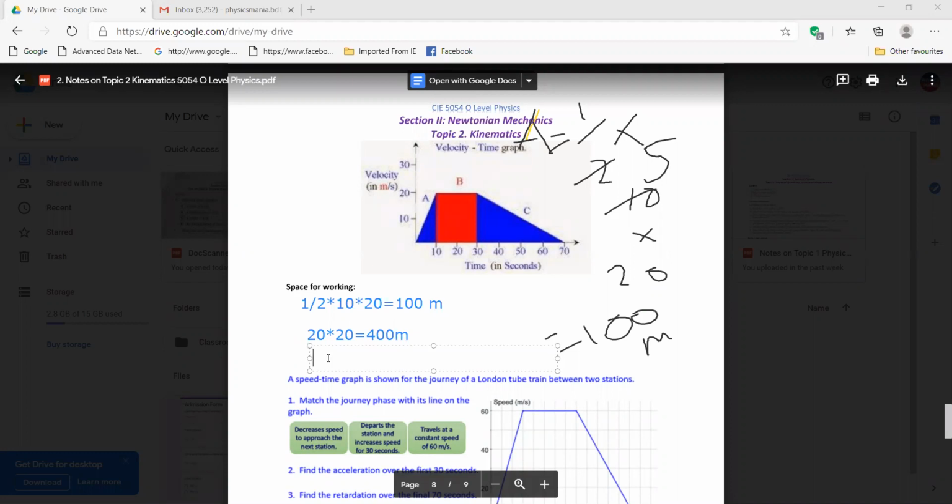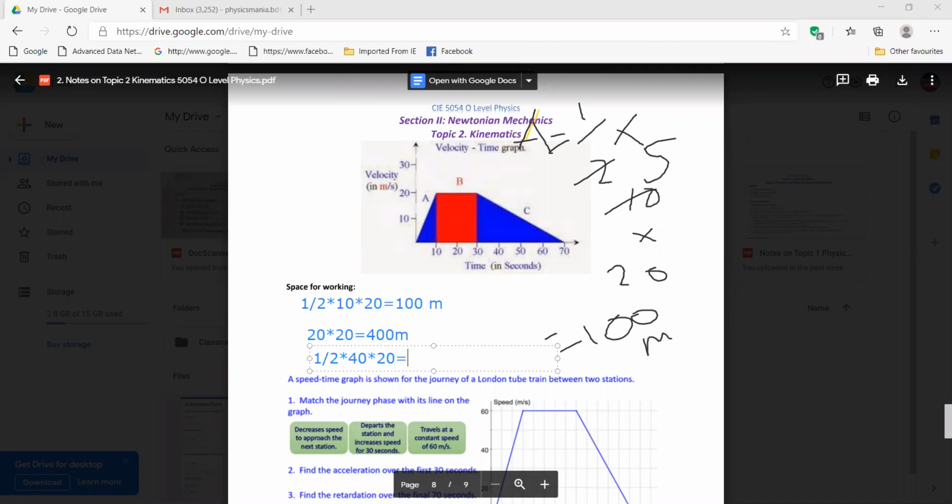The third part, C. How much is it? Half base into height. So half into 40 into 20. How 40? Sir, 70 minus 30, that's the base.